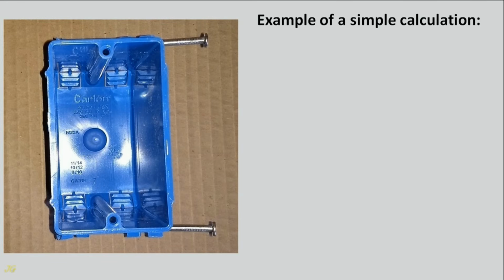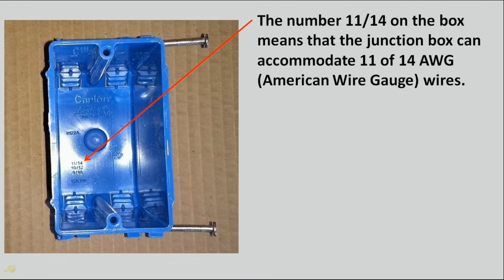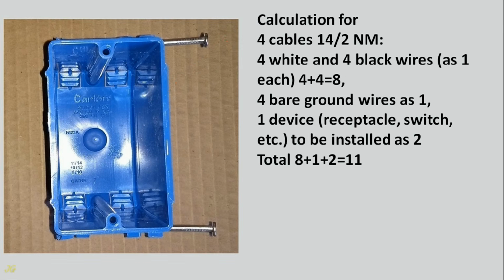Example of a simple calculation. The number 11/14 on the box means that the junction box can accommodate 11 of 14 gauge, American wire gauge, wires. Calculation for 4 14/2 NM cables: 4 white and 4 black wires, as 1 each, 4 plus 4 equals 8. 4 bare ground wires as 1, and 1 device, receptacle, switch, etc., to be installed as 2.